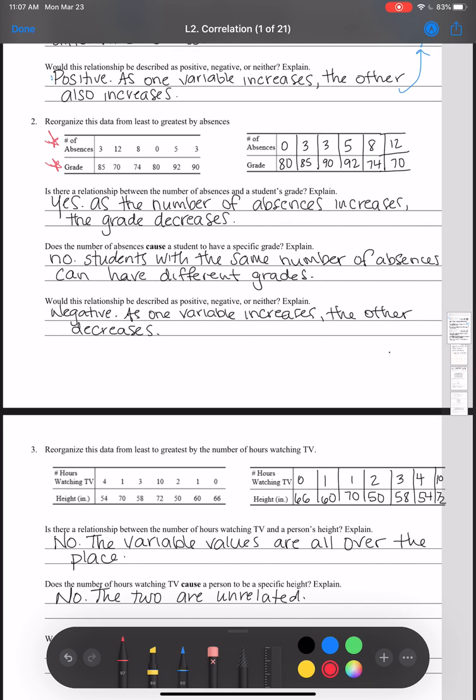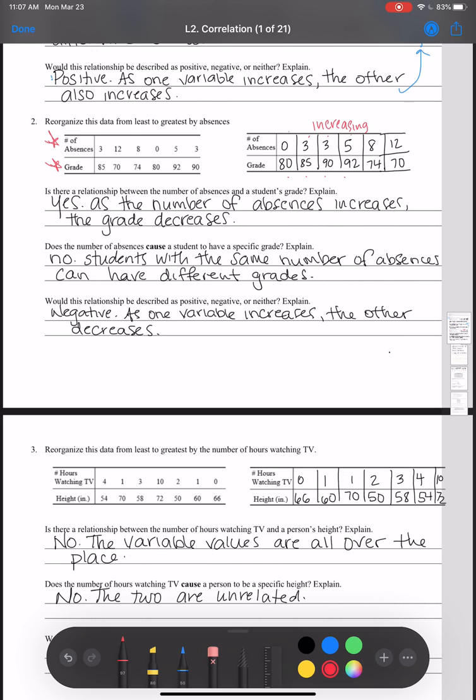So we reorganize this by the number of absences. Absences are increasing: 0, 3, 3, 5, 8, 12. And again, if we look at the trend for their grade, we have 80, we increase to 85, we increase to 90, and then we increase to 92.